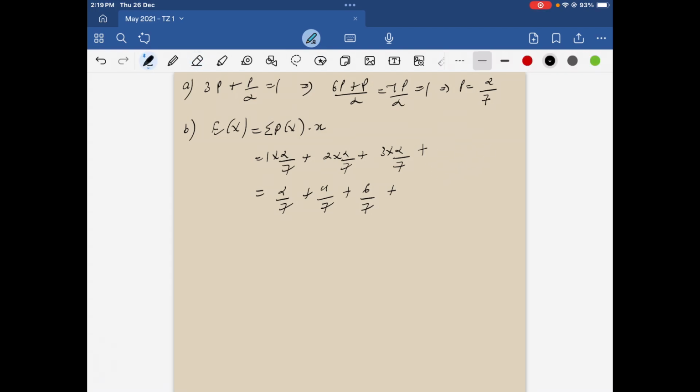So that was P by 2, so P is 2 by 7, multiplied by 4, into 1 by 2, and that will be 8 by 14.